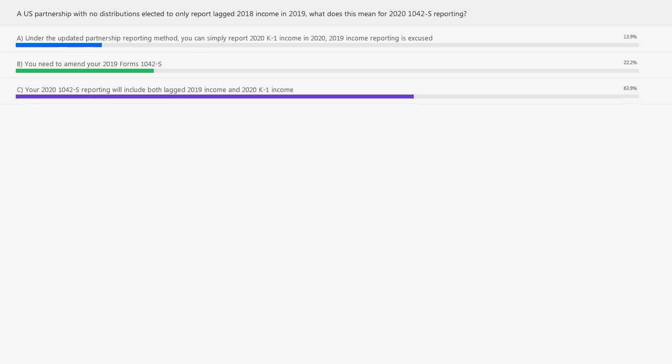But 2019 income is not just excused from reporting. We will include both lagged and real-time income the first year you get off this reporting method. And then moving forward, it's just K1 income that gets reported on the 1042S, regardless of whether it was distributed or not.